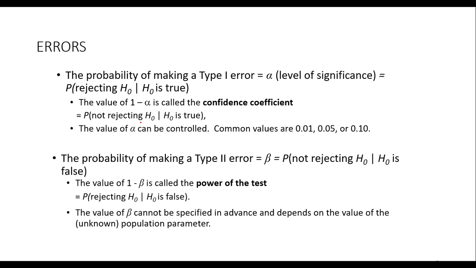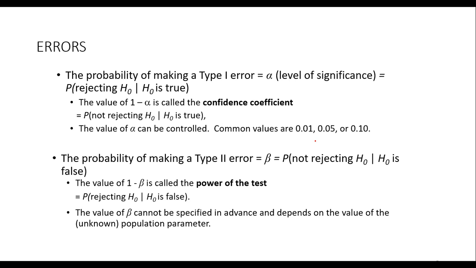So if the type 1 error is alpha, the level of significance, then 1 minus alpha is called the confidence coefficient, which equals the probability of not rejecting H0 when H0 is true. Correct? And the value of alpha can be controlled. Normally we fix the value of alpha in advance. Common values, as I told you, in social sciences are 1%, 5% or 10%.